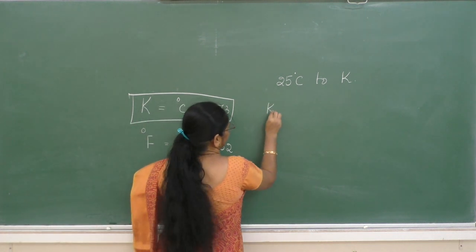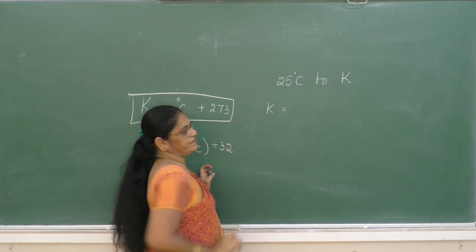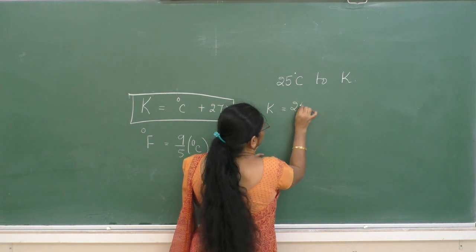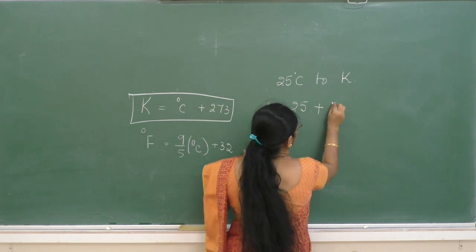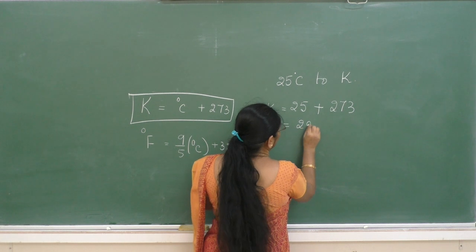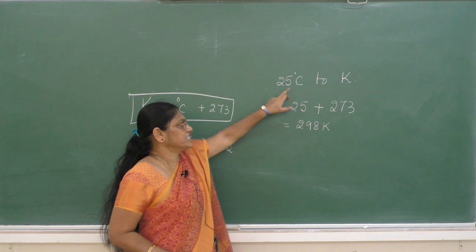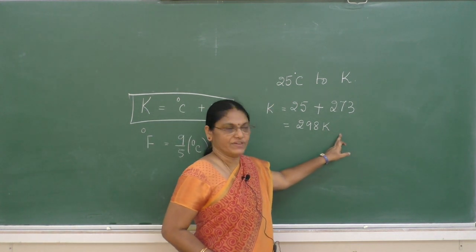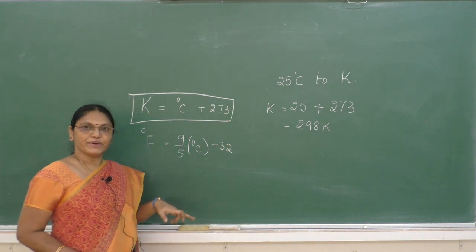How many degrees are given here? 25 degree Celsius. So 25 plus 273 is equal to 298 Kelvin. So 25 degree Celsius is equal to 298 Kelvin. This Kelvin is also the SI unit of temperature.